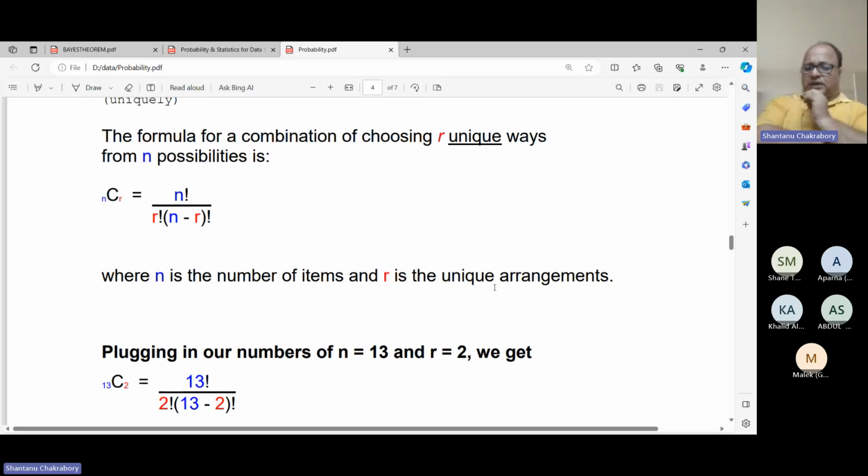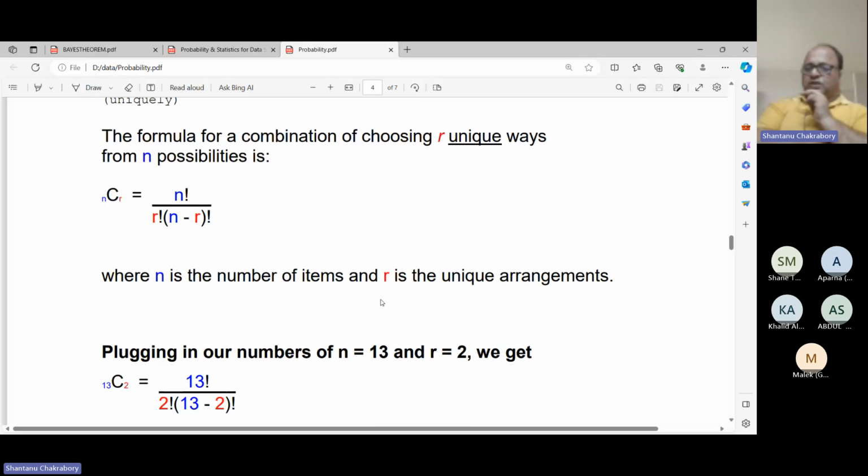So if it is 13C2, this is the formula by which we can calculate the combination. From a pack of 13 diamond cards, if you are selecting two cards, plugging in our numbers, n is equal to 13 and r is equal to 2.